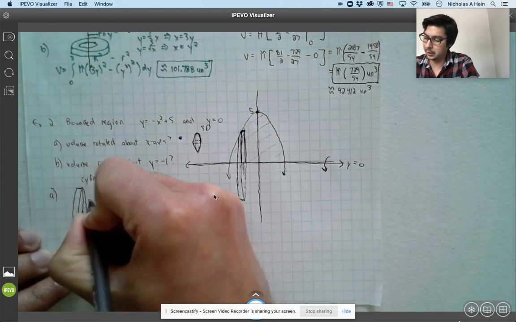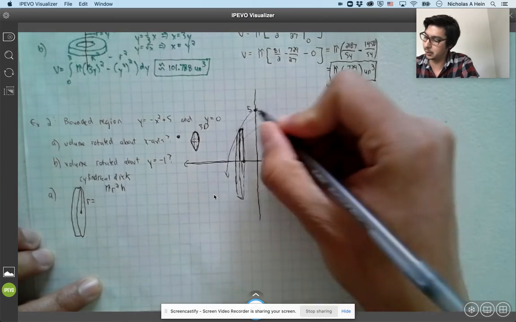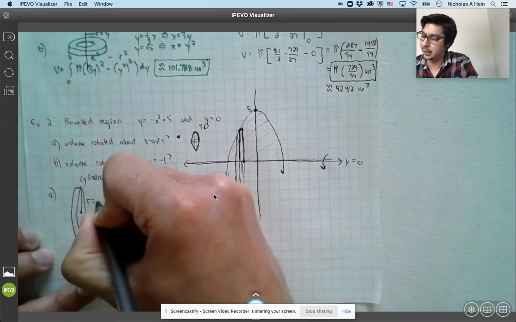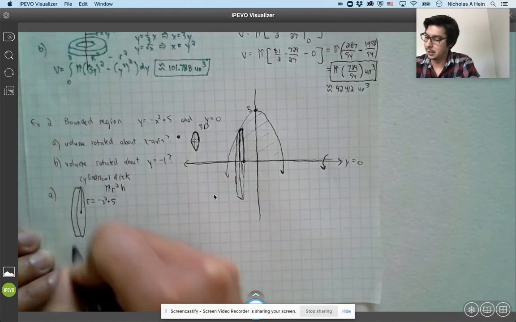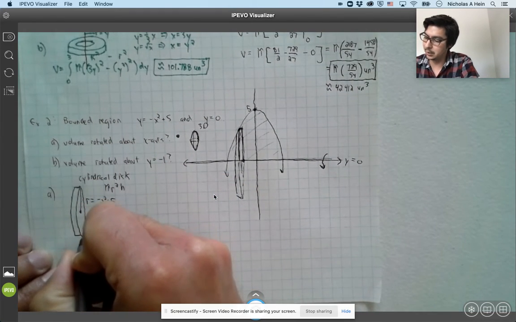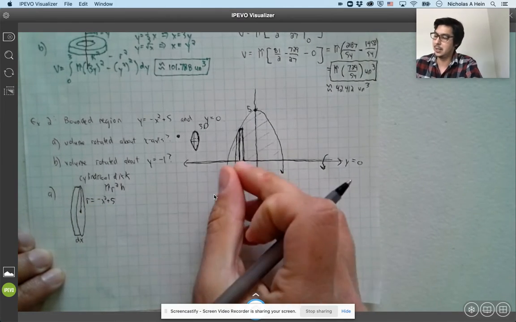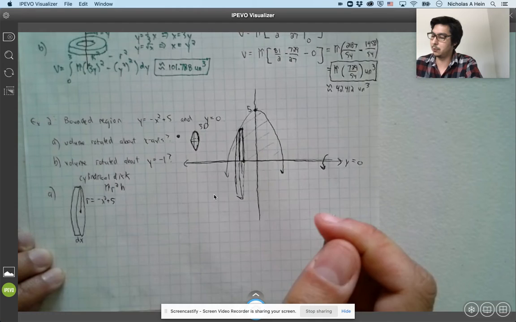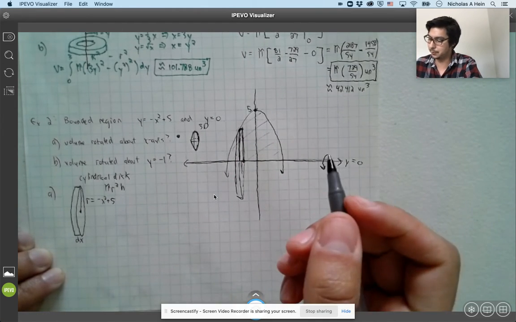So what's the radius? Well, the radius is from 0 up to my curve, and my curve is negative x squared plus 5. So my radius here is going to be negative x squared plus 5. And the height of these discs is going to be dx, that very small change in x as we make these rectangles and then rotate these rectangles around, creating these cylindrical discs.